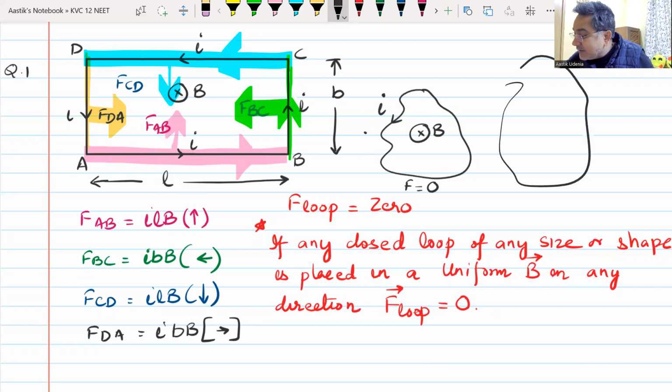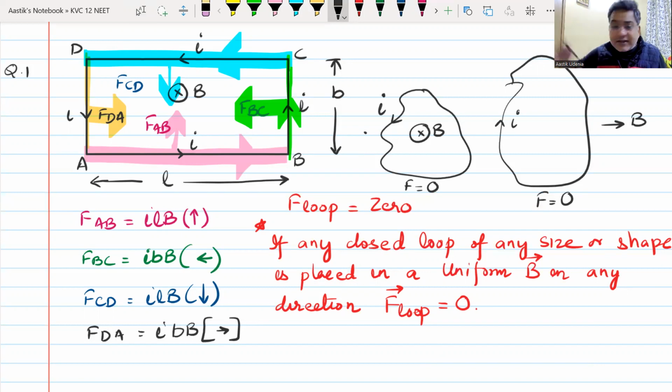If my loop is like this, carrying current like this, magnetic field is like this, the force is zero. Any size, any shape, any direction, magnetic field can be like this, then also it is zero. But the magnetic field should remain uniform. Do we understand this? This is a very important note that is going to solve a lot of very difficult problems in a very simple way. I hope that you can note this down.